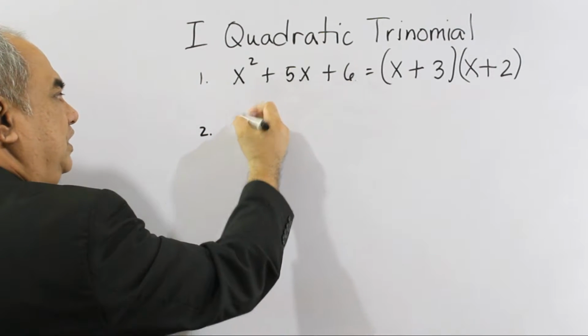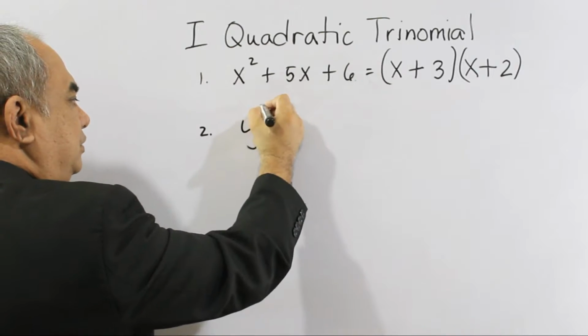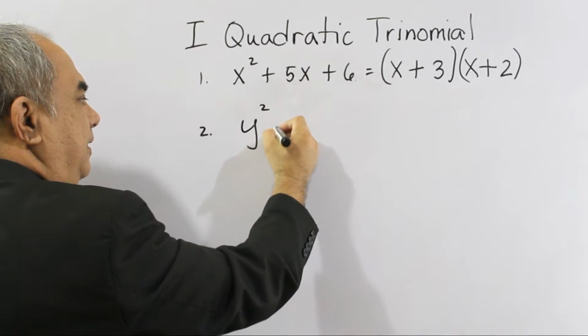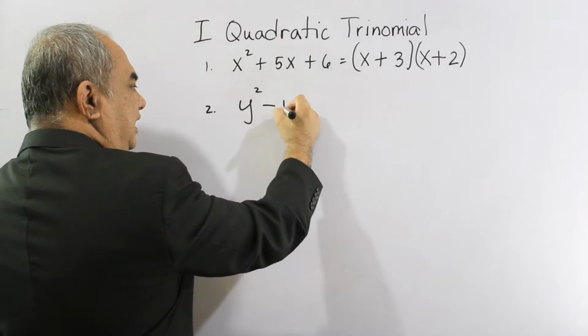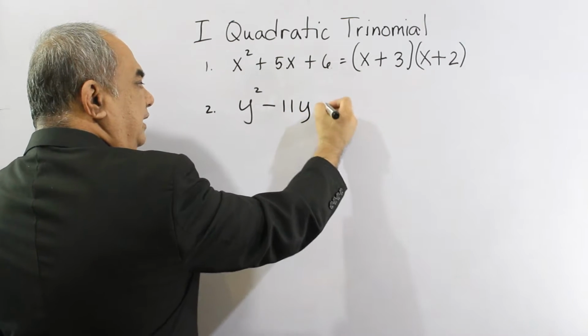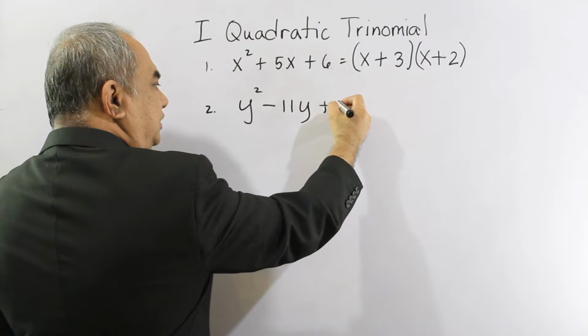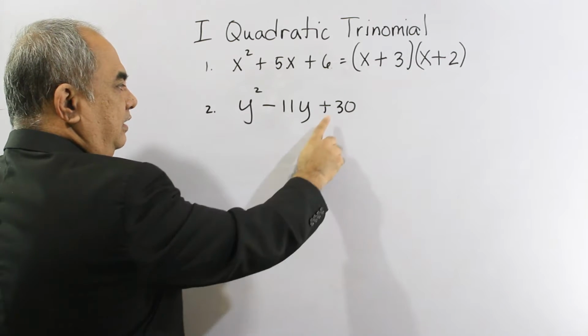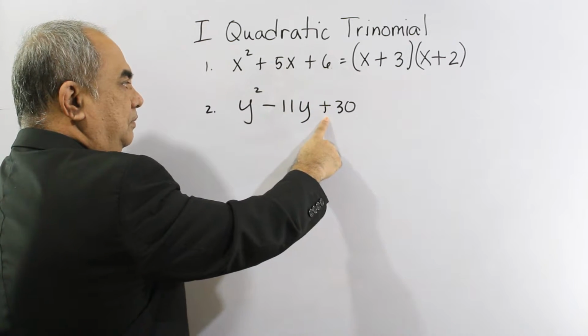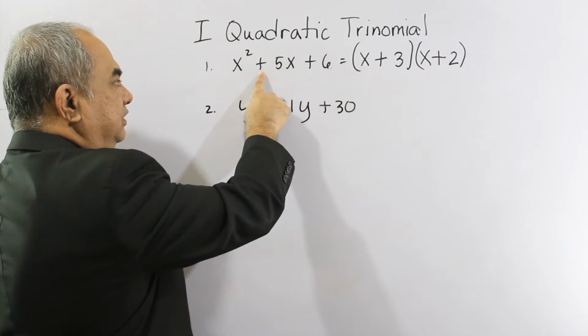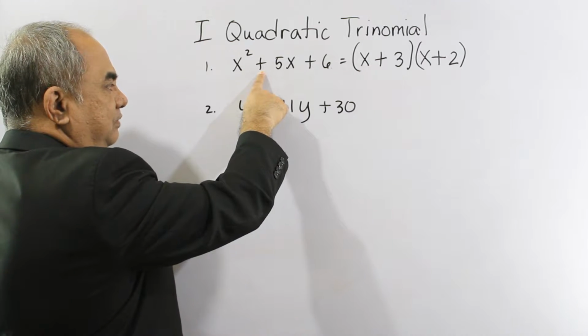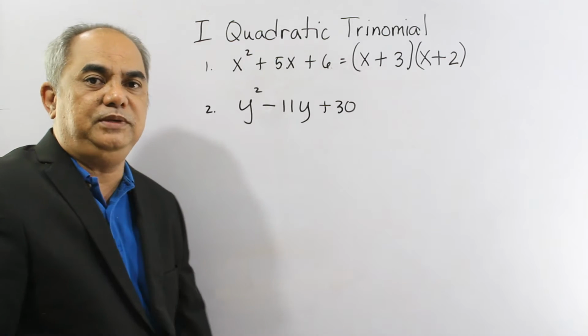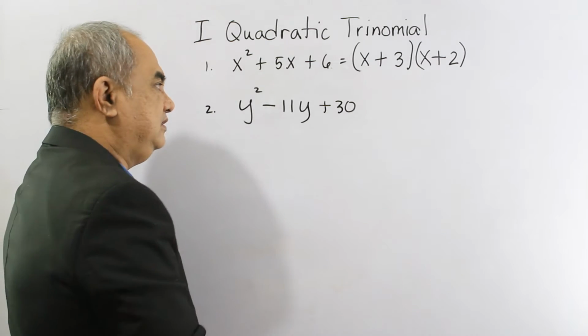What if we change the variable, let's say y squared this time, minus, let's say 11y, and then again plus 30. You will notice that the last terms are both positive, but I changed the sign of the middle term. First it's positive, now it's negative. What will be the effect in terms of the answer?